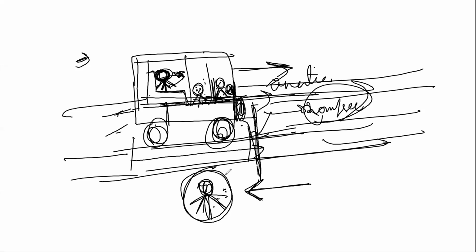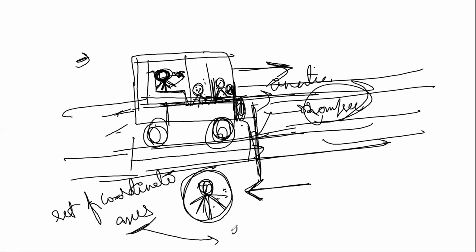So to observe any quantity, to define any phenomena, a set of coordinate axes are to be described. What is the set of coordinate axes called?